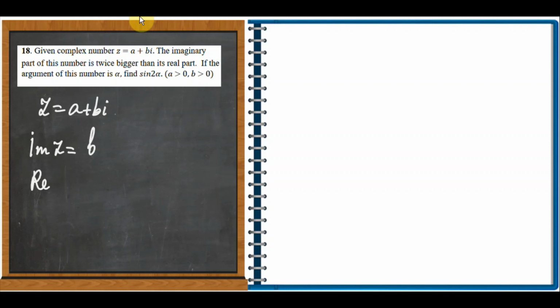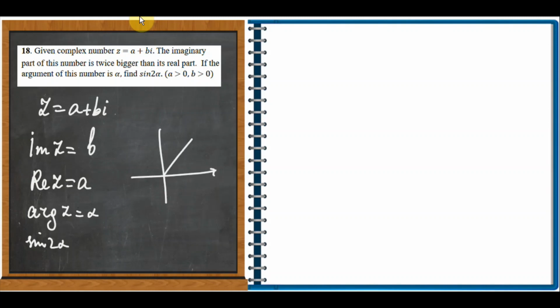The real part of this number is a. If the argument of z is alpha, find sine 2 alpha. In order to solve this question, first of all, we need to know what the argument is and the formula for this argument. Let's say this is our complex number z.